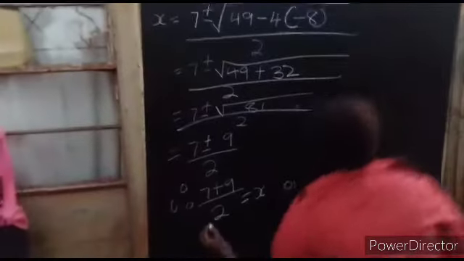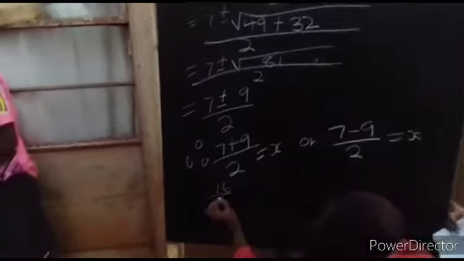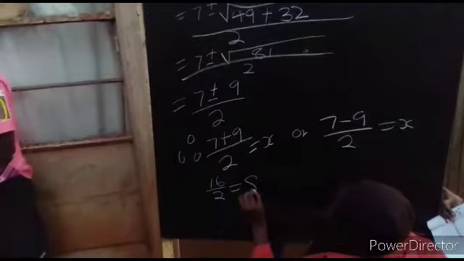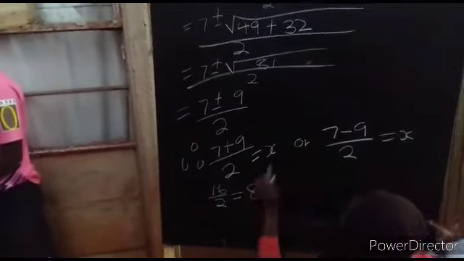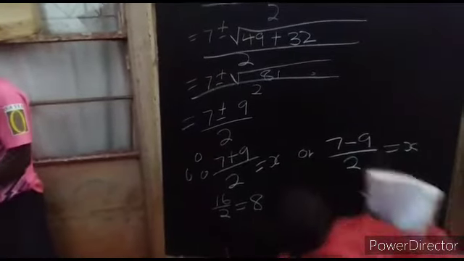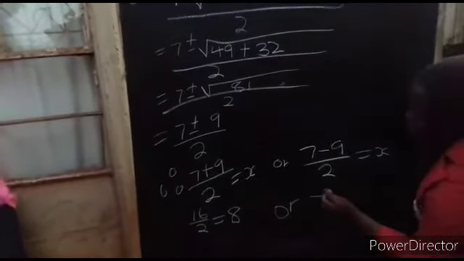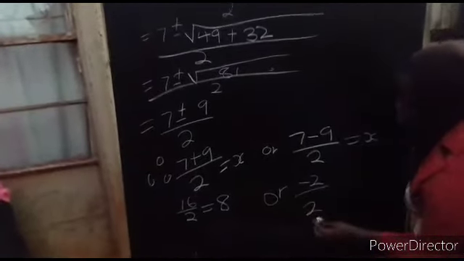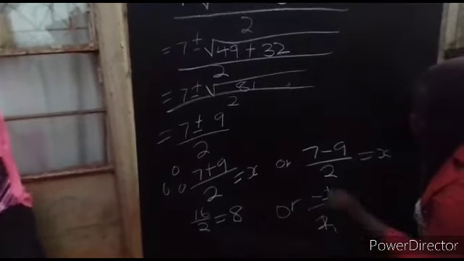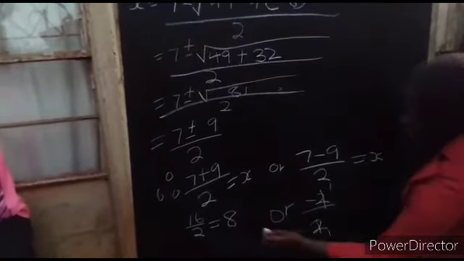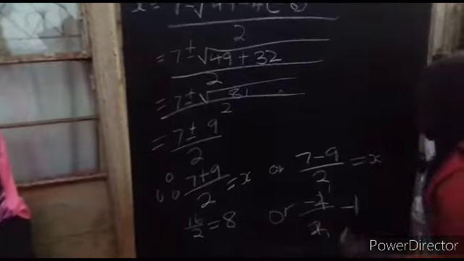So 7 plus 9 is 16, 16 over 2 is equal to 8. Or 7 minus 9 becomes minus 2, all over 2. 2 into 2 is 1, so our x is either 8 or minus 1.